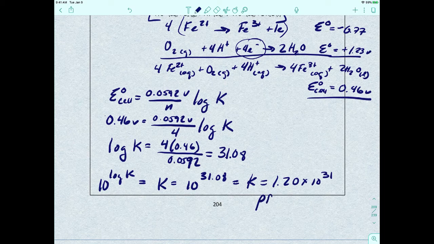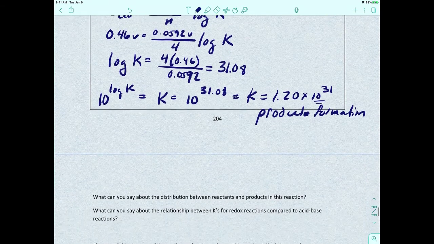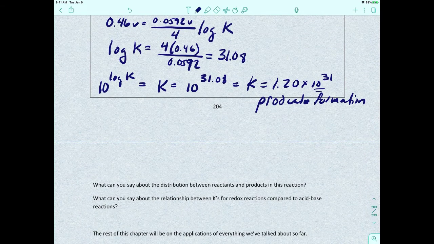So this is definitely product formation. So high, in fact, that with 10 to the 31st, most likely there's going to be very little reactants in your mixture. So what can we say about the distribution between reactants and products in this reaction?